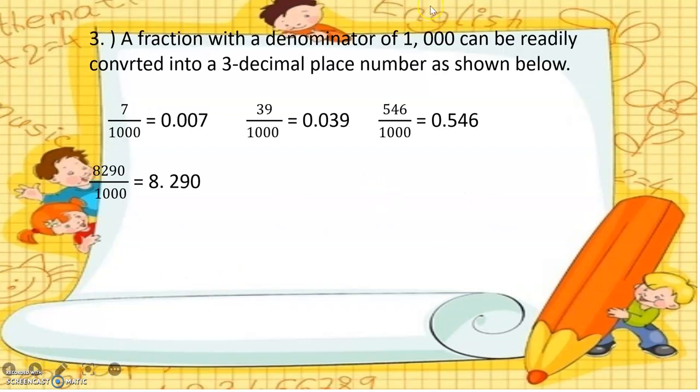Next. A fraction with a denominator of 1000 can be readily converted into 3 decimal places.